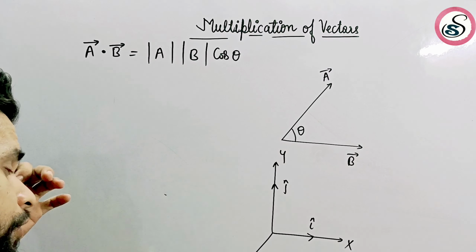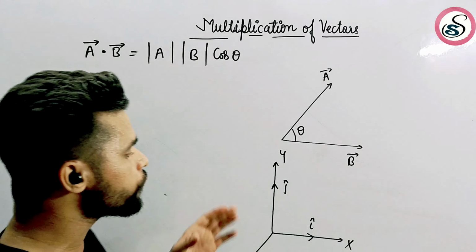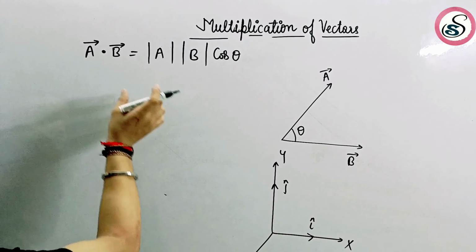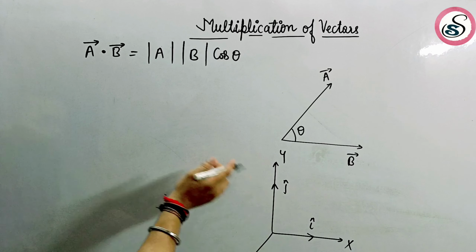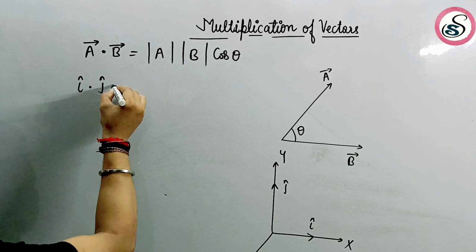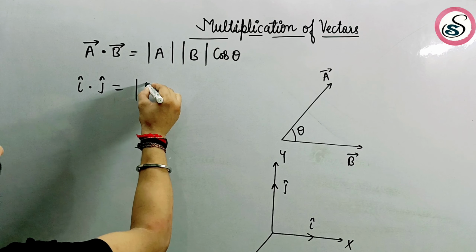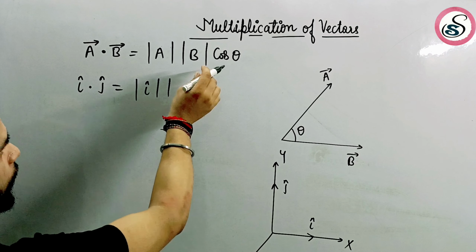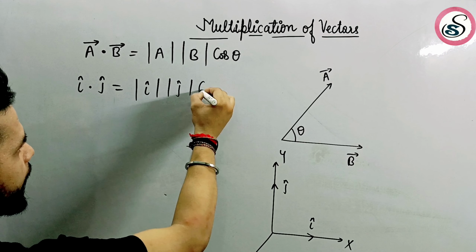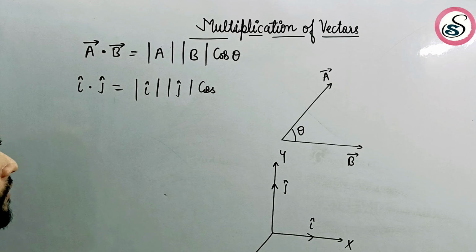If we want to find the dot product of two unit vectors, we apply this formula: I cap dot j cap is equal to mod of I cap, mod of j cap, and cos of theta. But what is theta here?